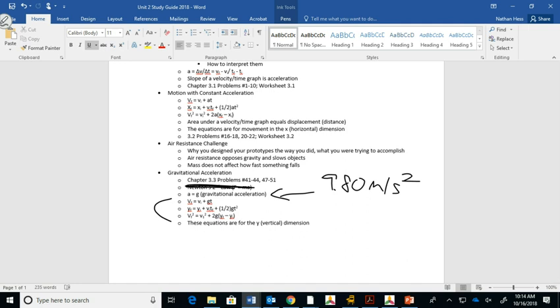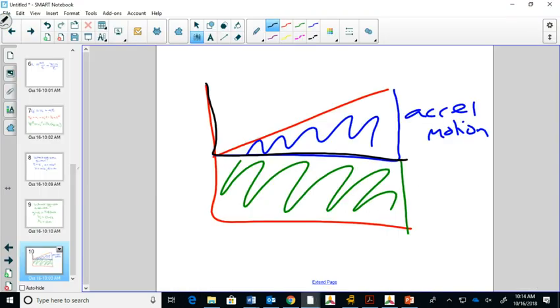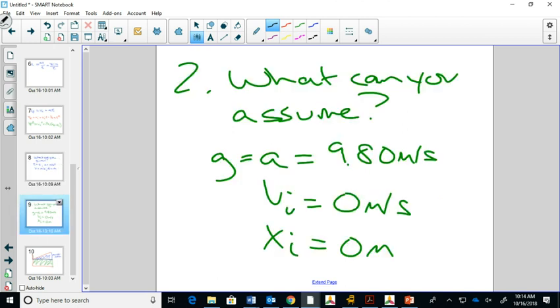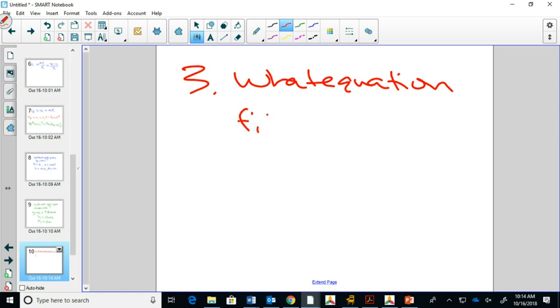I was going back to what our different pieces are for how we solve problems, right? Number 1 was what you are given. Number 2, what you can assume. And last but not least, what equation fits those.